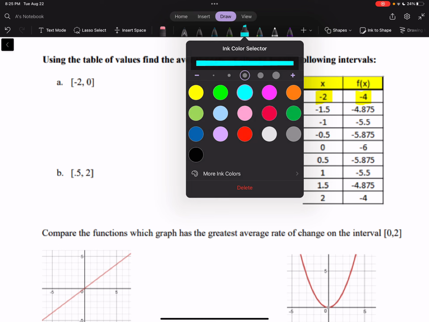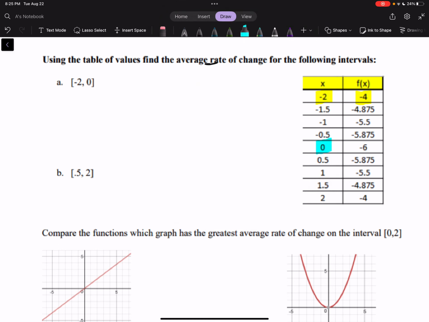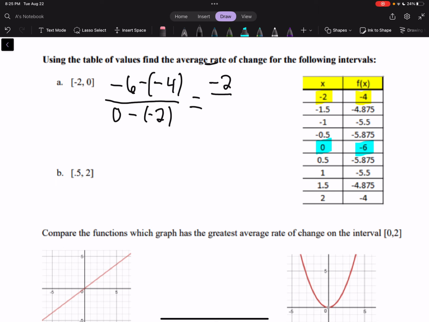If we look at 0, the y value is -6, so we're going to have -6 minus -4 divided by 0 minus -2. This is -2 over 2, which is -1.